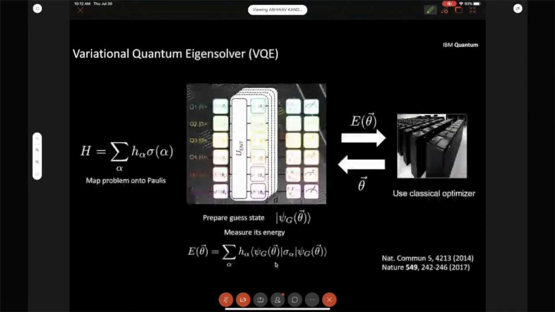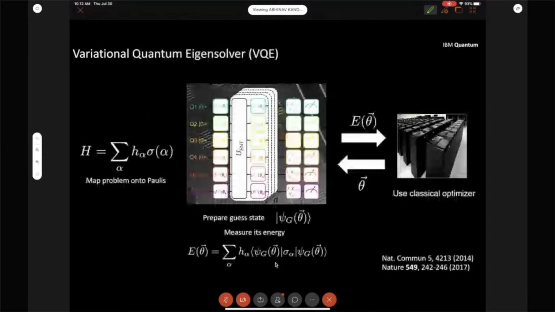Okay. So how does the variational quantum eigensolver work? Well, the first step is always mapping the problem onto Pauli strings. So transforming your fermionic Hamiltonian into a qubit Hamiltonian, and then you want to prepare these guess states.